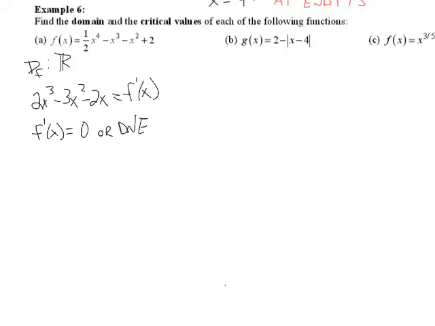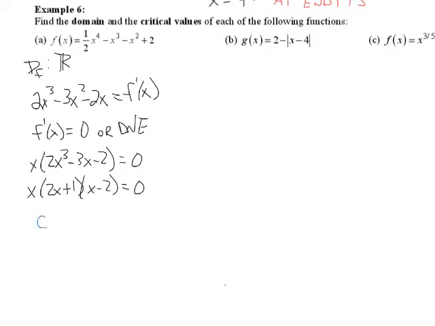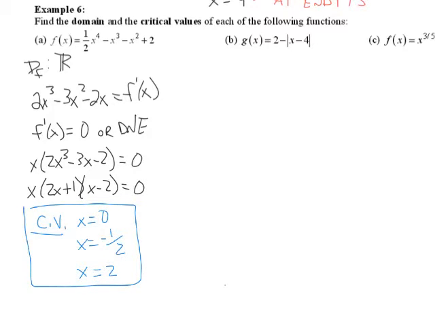So when we set this derivative equal to 0, we can factor out an x, and then it looks like we can factor it even further, and we get 2x plus 1 times x minus 2 equals 0, giving us critical values at x equals 0, at x equals -1/2, and x equals 2. So there's our three critical values. Those are where possible maxes or mins can occur.